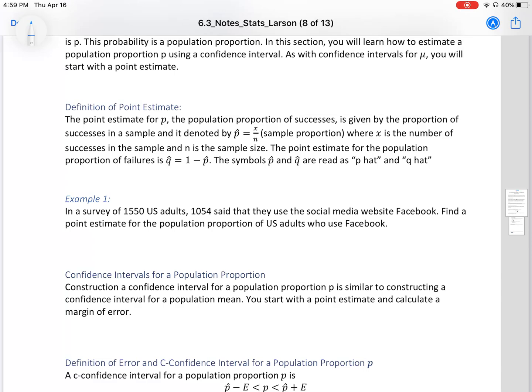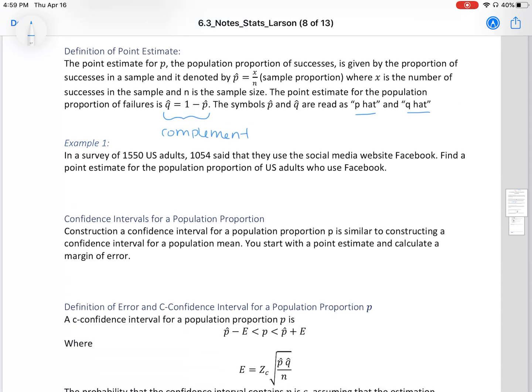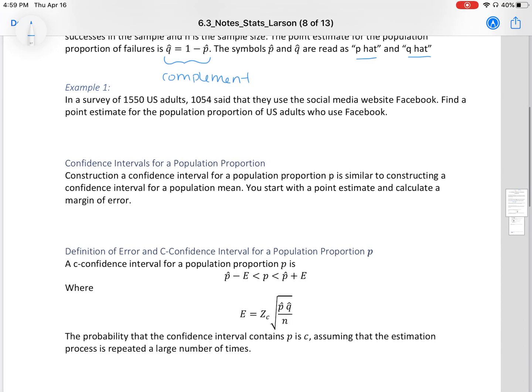The point estimate for the population proportion of failures, so the complement, is q hat is equal to 1 minus p hat. The symbols p hat and q hat are read as p hat and q hat. I know those are different types of figures, so make sure you know what they're called.